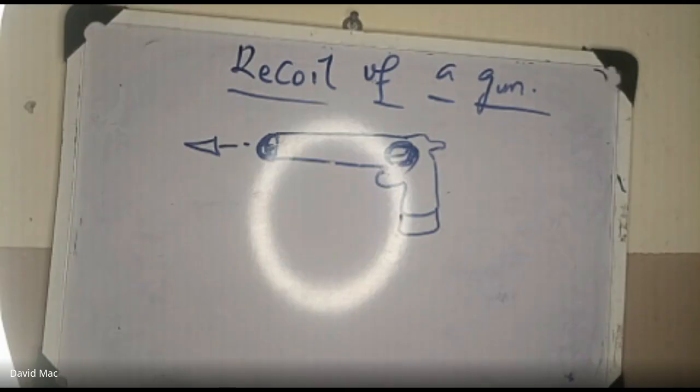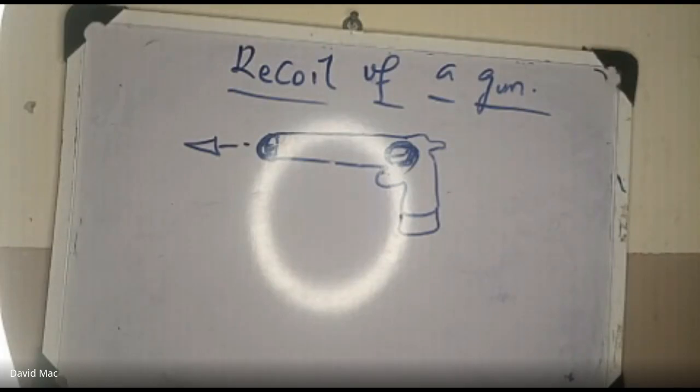I said the gun jerks backward. Number two, before the gun is fired, write it down. Before the gun is fired, the initial momentum of the gun and the bullet is 0.